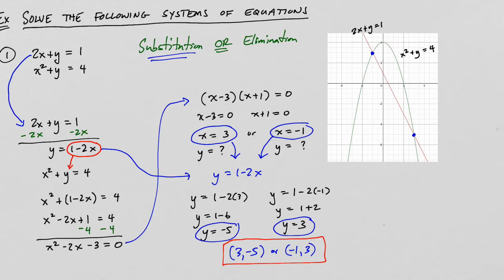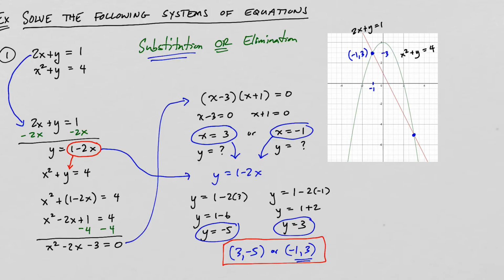And you can see that there is 1 point of intersection right here, and there's 1 point of intersection down here. The first point of intersection has coordinates, let's see, that's negative 1, and that's 3. So this point would be (negative 1, 3), and that is consistent with what we have down here.